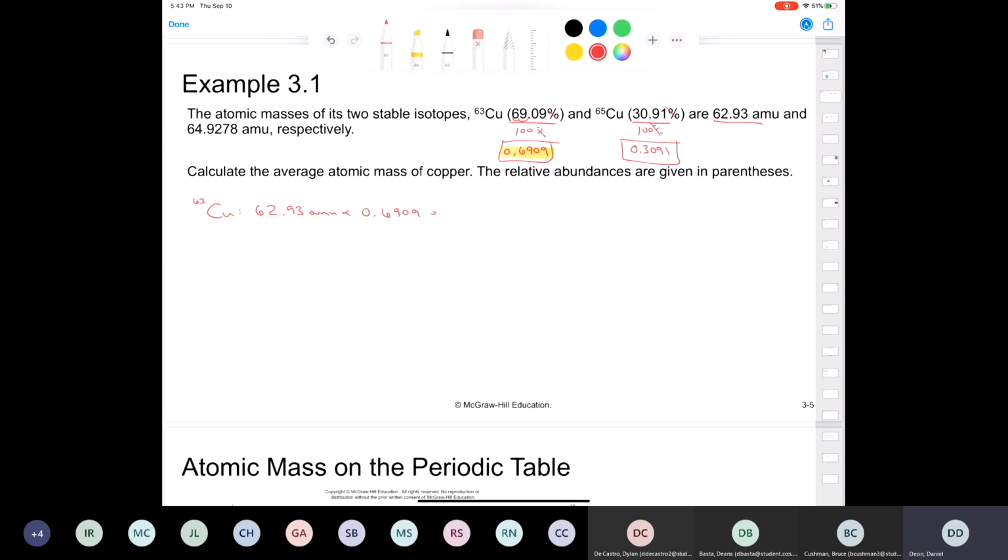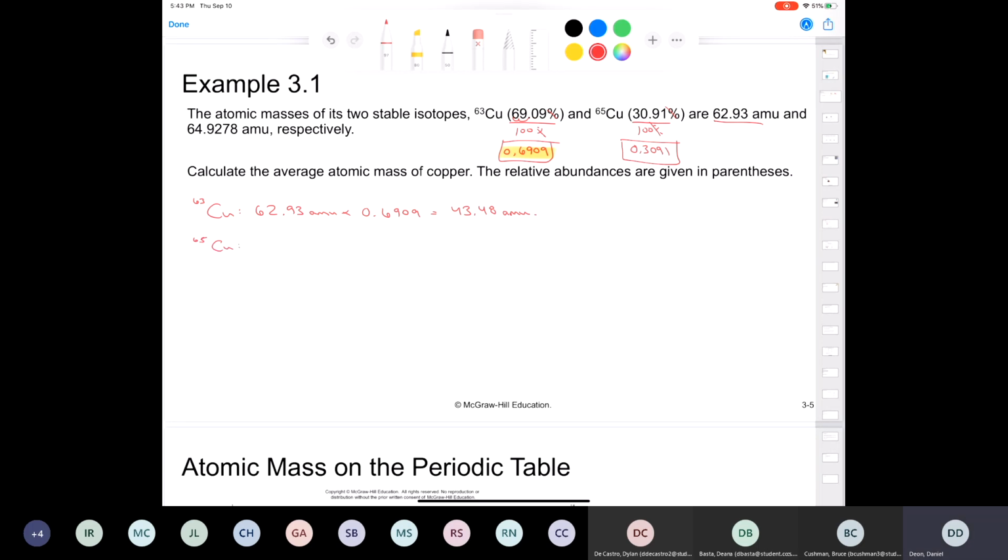We take 62.93 times 0.6909, and you end up with 43.48 AMU. And you're like, Mr. Dion, that's nowhere near the atomic mass that's reported on the periodic table. Now, hold on. We have to take into account copper-65.